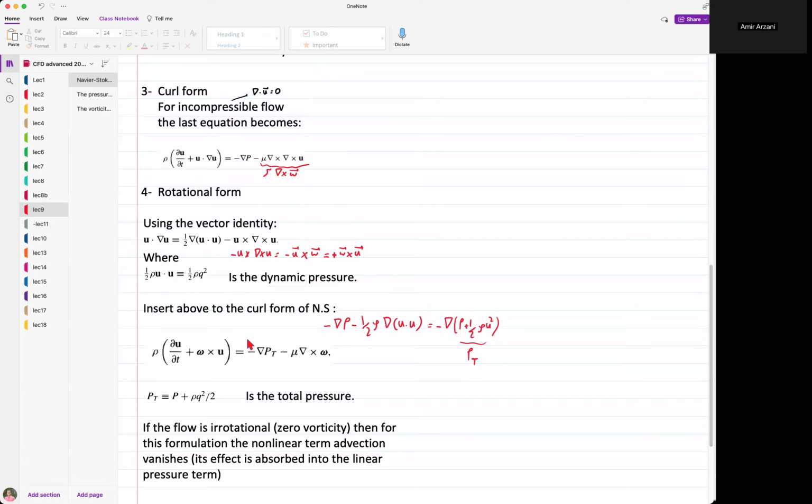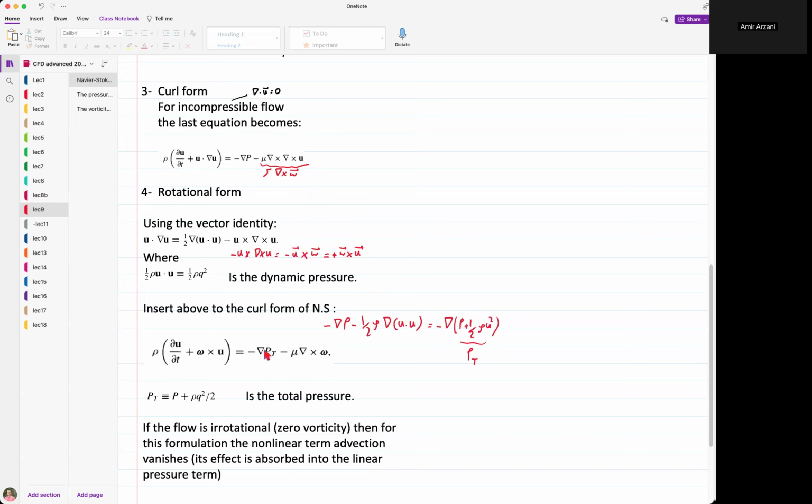If you insert this into the Navier-Stokes equations, in this form of the momentum equation we will not have u dot grad u anymore, but now we have the cross product between the vorticity vector and the velocity vector. And on the right-hand side, we have the curl of vorticity. So essentially, in this derivation, we use this curl form up here, so the right-hand side is already written in terms of vorticity.